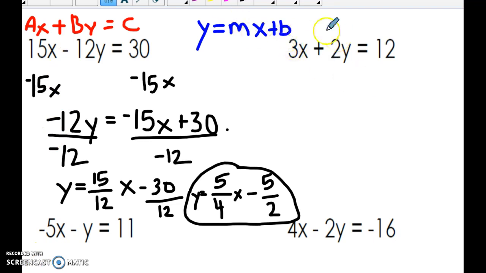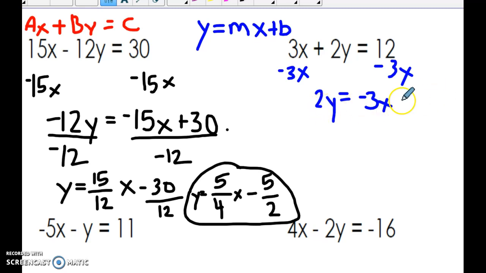So the next example, 3x plus 2y equals 12. I'm going to subtract 3x from both sides. That leaves me with 2y equals, and instead of doing 12 minus 3x, I'm going to put the negative 3x first because I know that I want it to be y equals mx plus b.